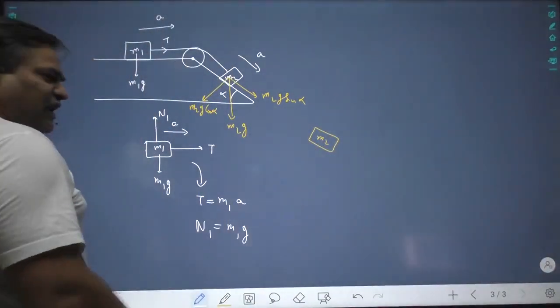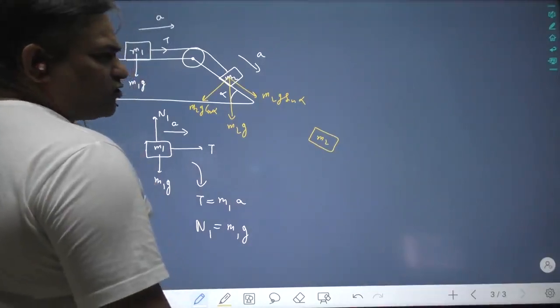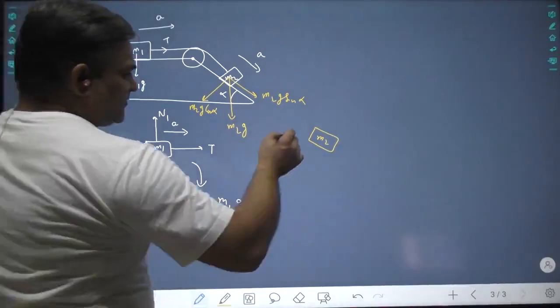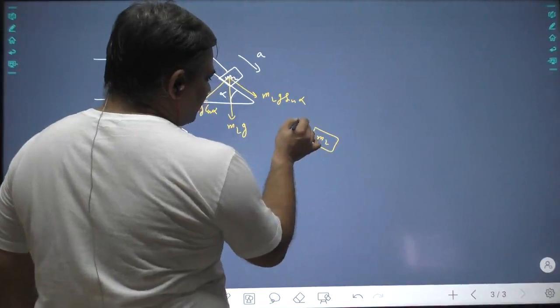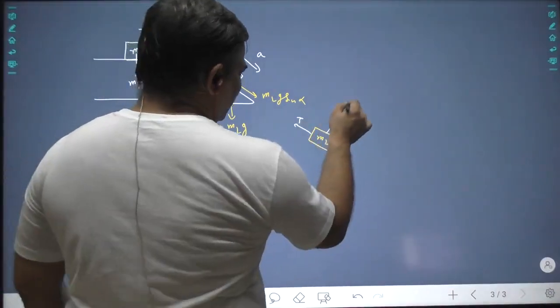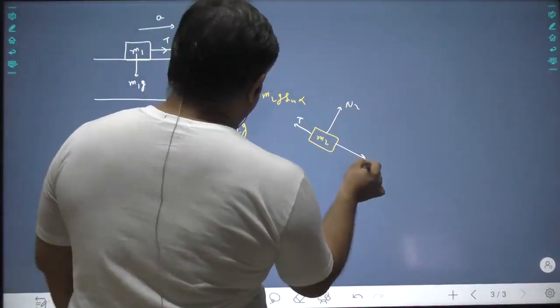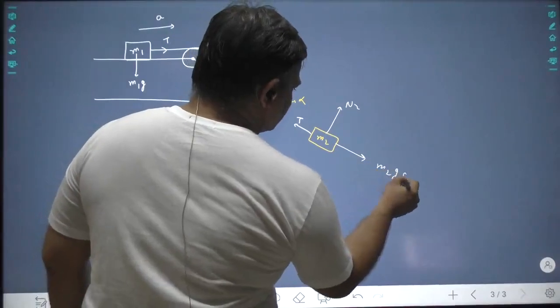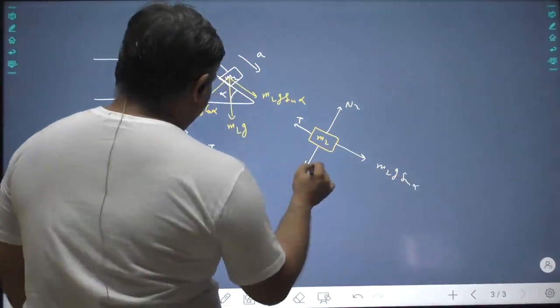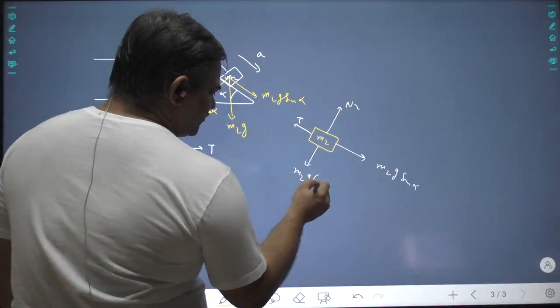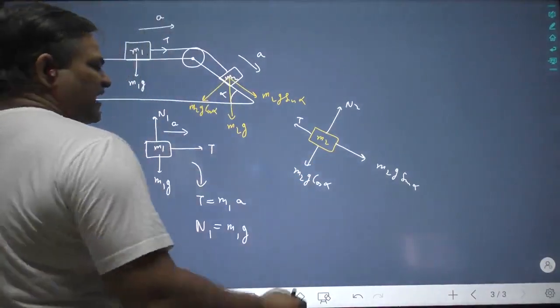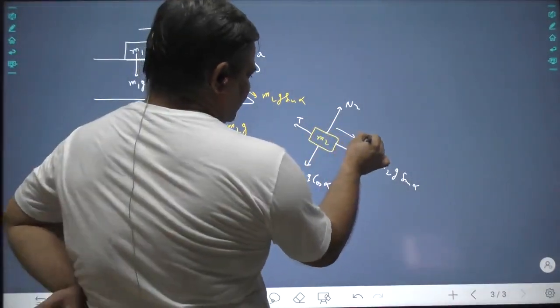Every contact will have a force, and the only non-contact force is gravity. This is pulled backward by T, the normal reaction N2. This is the downward force M2G sin alpha, and the force M2G cos alpha, and definitely acceleration along this.